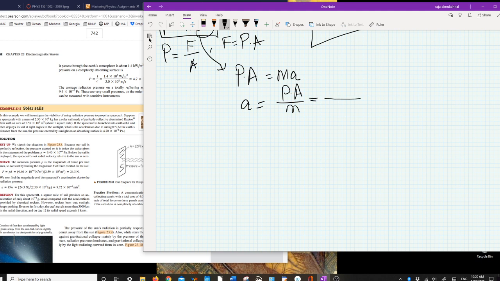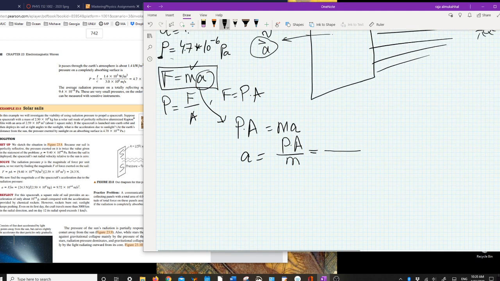Anyway, so we have the pressure. Whoops, the pressure is what? Here it is. It is 4.7 times 10 to the negative 6. Yes. So we have 4.7 times 10 to the negative 6 times the area given to me as well.